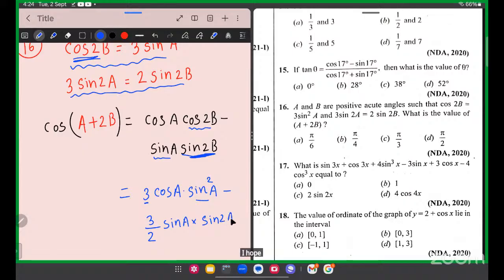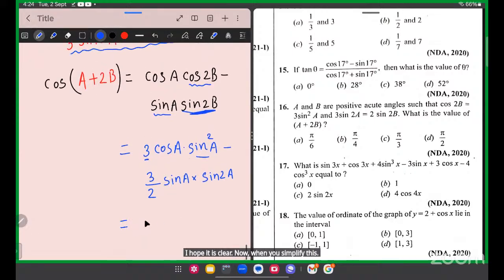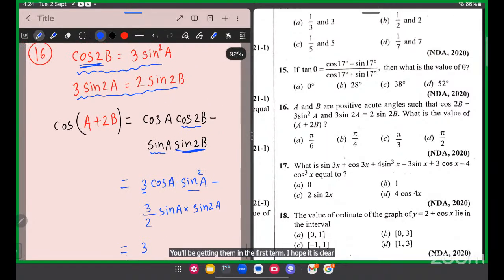I hope it is clear. What I'm doing, I'm just replacing cos 2B in terms of 3 sin square A. Similarly, sin 2B in terms of sin 2A, which is 3 by 2 sin 2A.